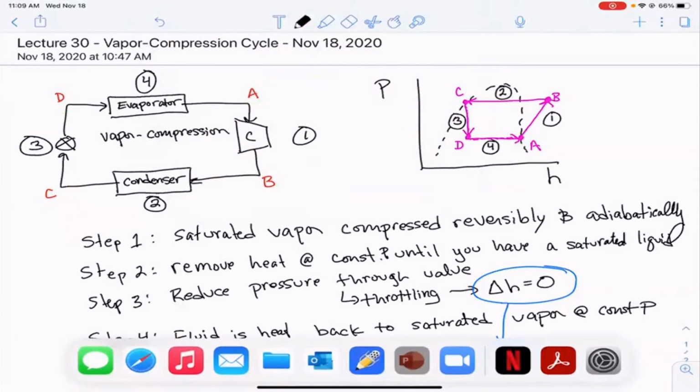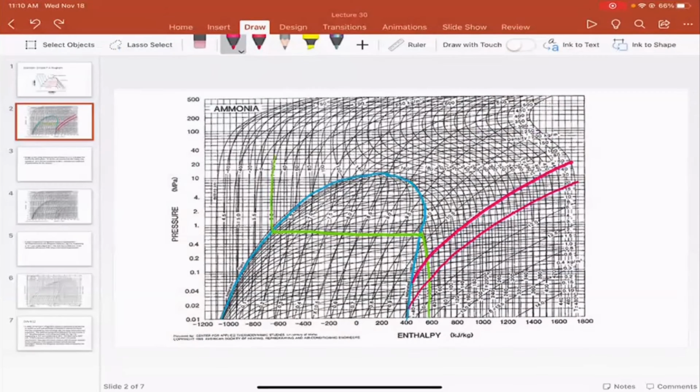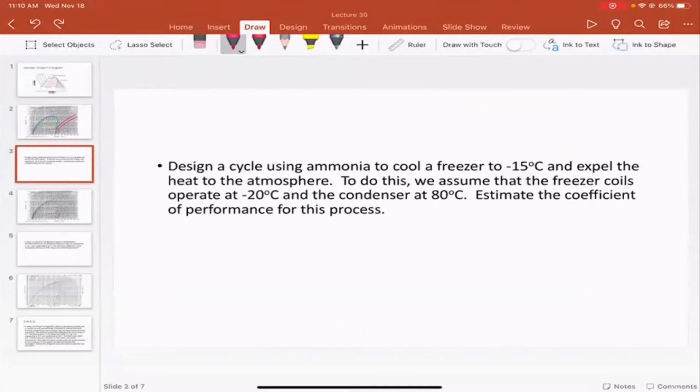So if that's the case, I'm certain you're not yet comfortable with pH diagrams because you haven't actually seen one used. But if you guys get what we're doing in the cycle, let's solve a couple of example problems. And hopefully that can help you become a little more comfortable with the pH diagram. And then of course you'll have some practice with it on the homework.